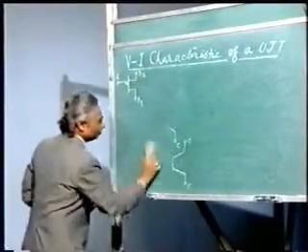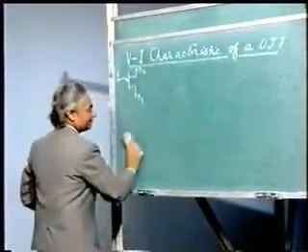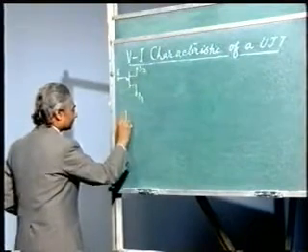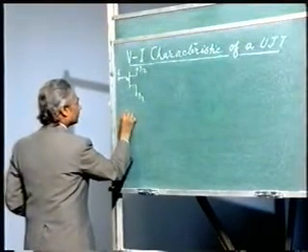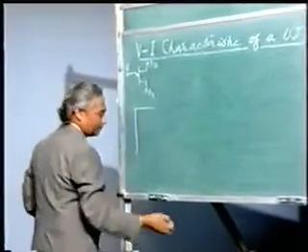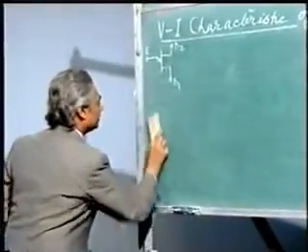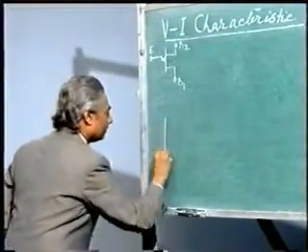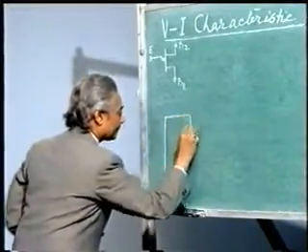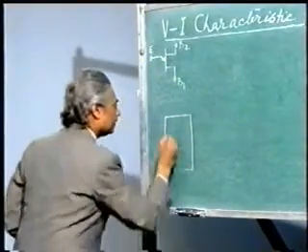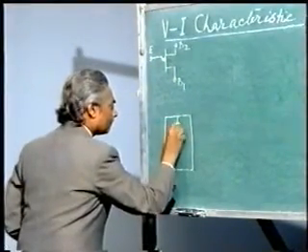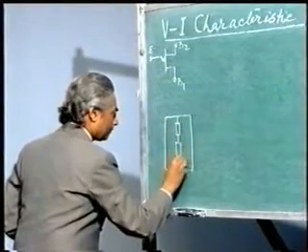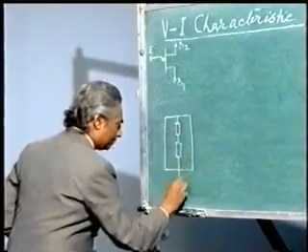Now if I see a little bit of the construction of this device, let me draw its constructional diagram, it will be more clear to you. The construction looks like this. The two terminals are coming here.